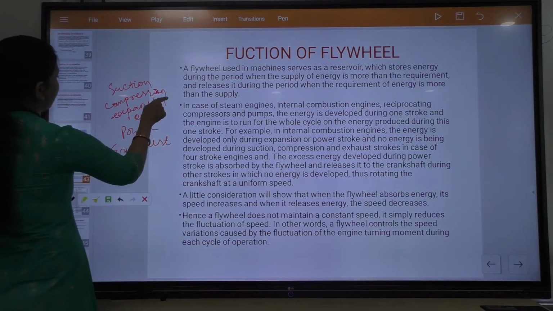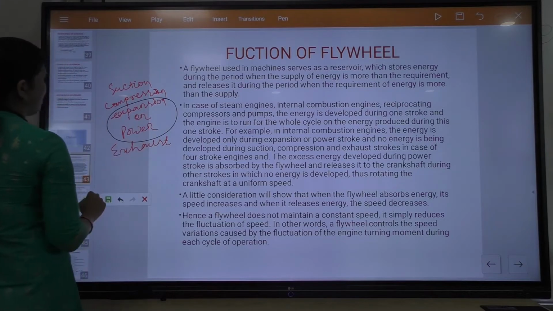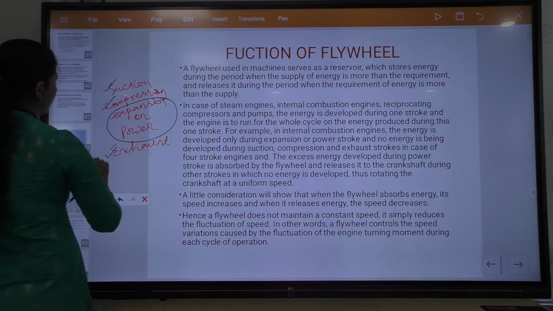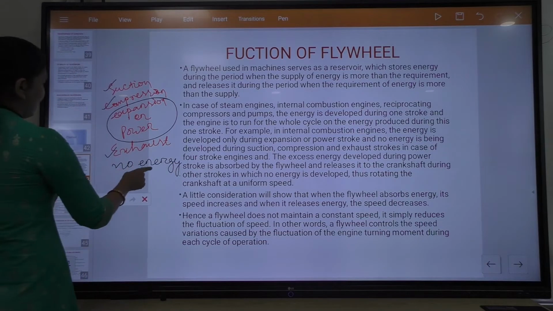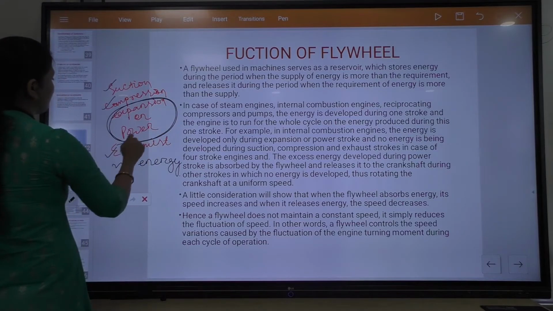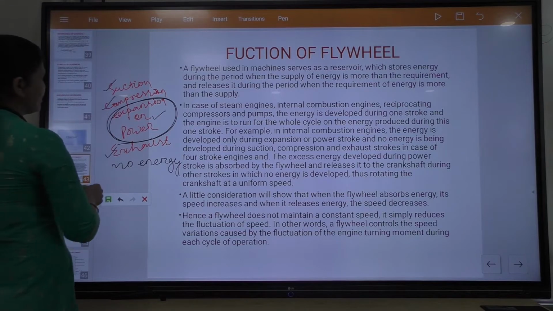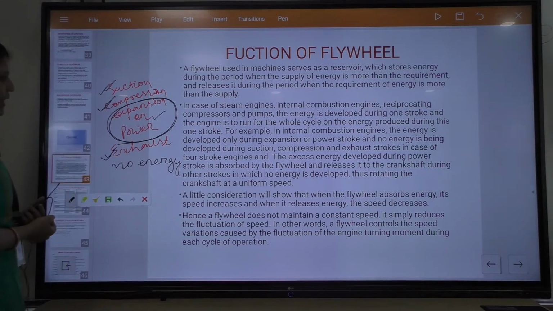The energy is produced only during this expansion or power stroke. In suction, compression and exhaust stroke, there is no energy production. So, what flywheel does? Flywheel will store the energy that is produced in the power stroke, and it will release the energy in case of other strokes to complete the cycle.